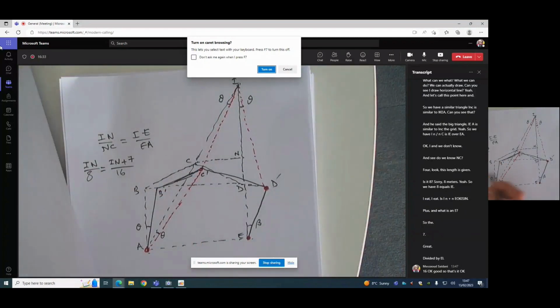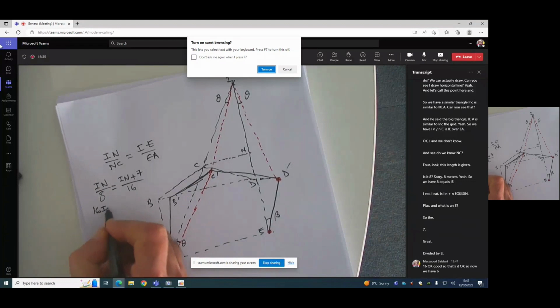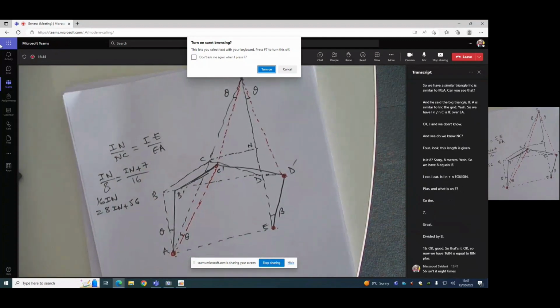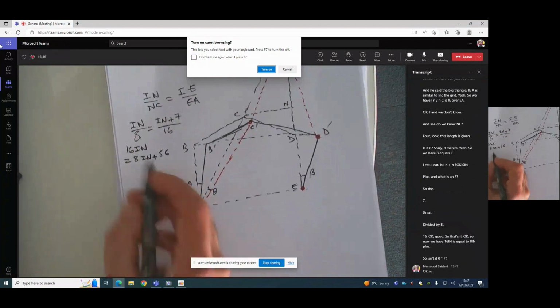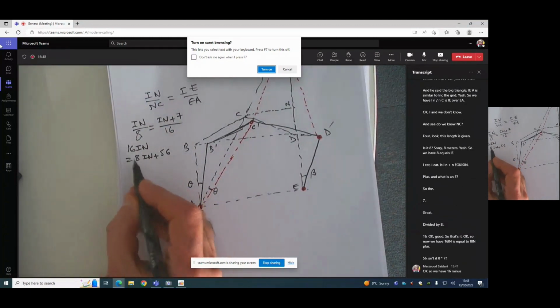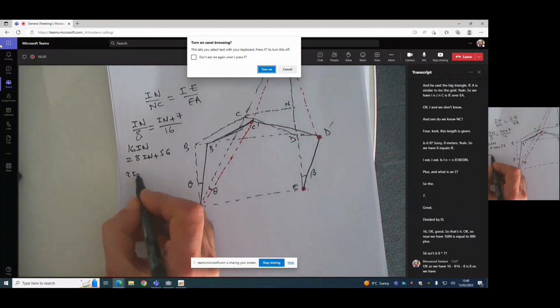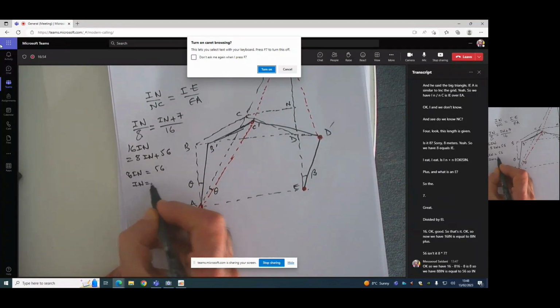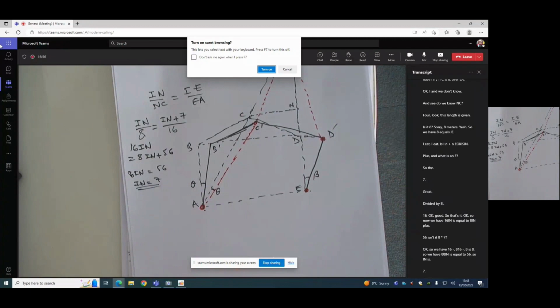Okay. So now we have 16 IN is equal to 8 IN plus 56, isn't it? 8 times 7. Okay. So we have 16 minus 8, 16 minus 8 is 8. So we have 8 IN is equal to 56. So IN is 7. Okay.